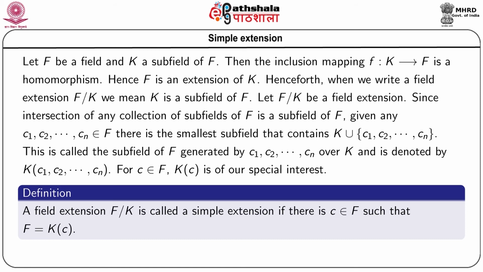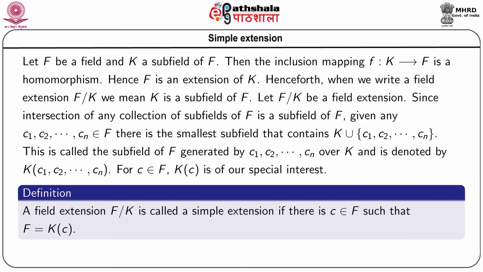This particular unique subfield of F is said to be generated by c1, c2, ..., cn over K and is denoted by this symbol K(c1, c2, ..., cn).